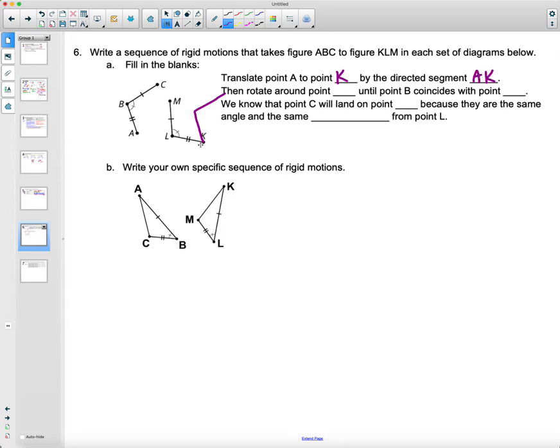Then rotate around the point that you just got together. Once you've translated and have one set point, that's what you're going to rotate around until B coincides with its matching part, L. So we rotate this until B matches L, keeping K the same.